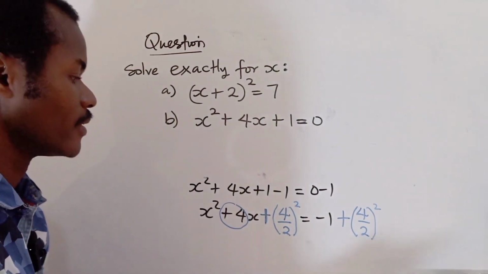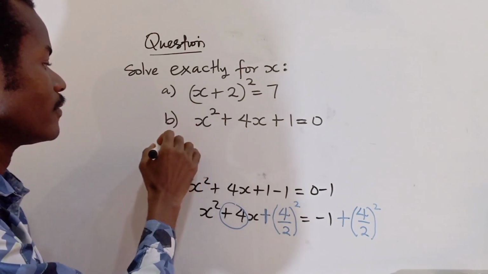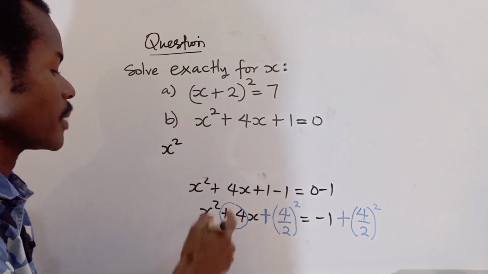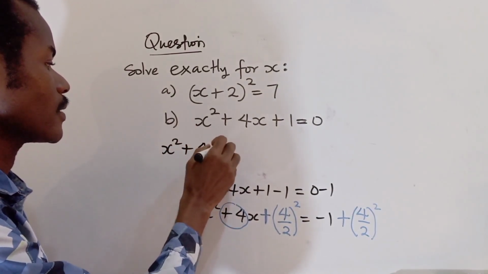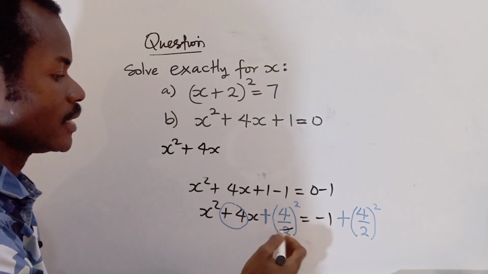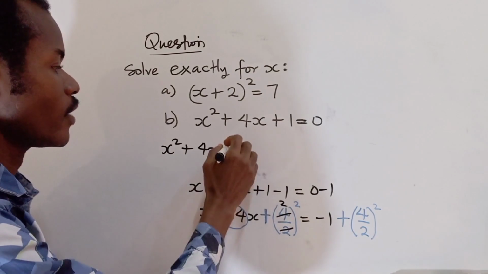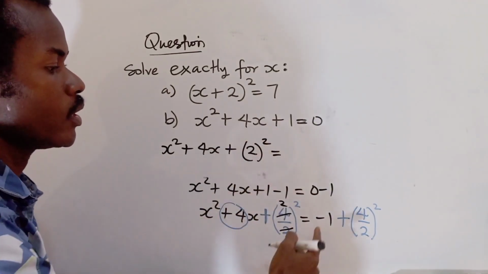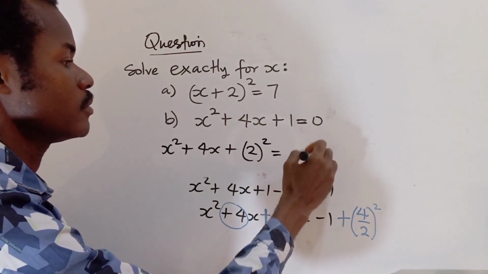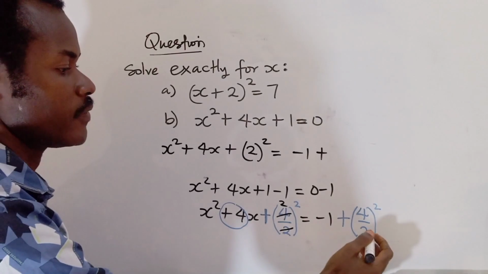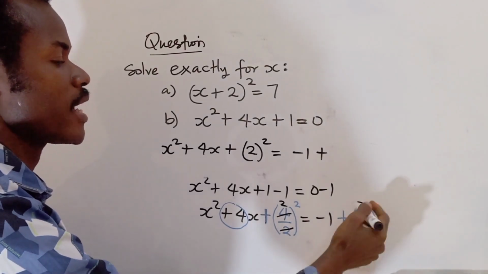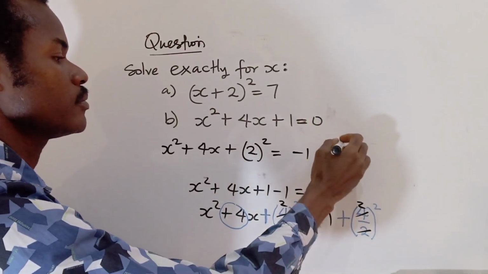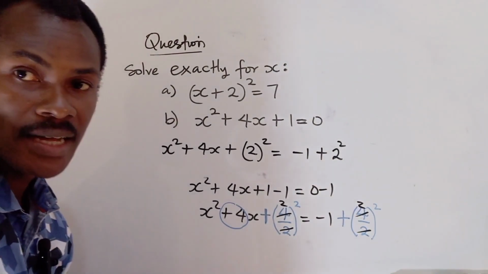So on this side, I have my x squared plus 4x. Now, this can cancel this, which is 2, so we have plus 2 squared is equals to what? We have minus 1, plus 2 squared at the right hand side.